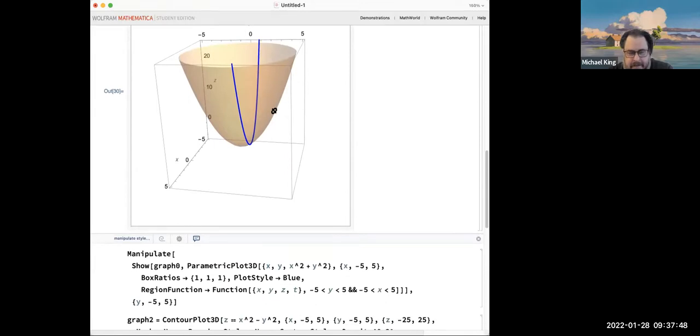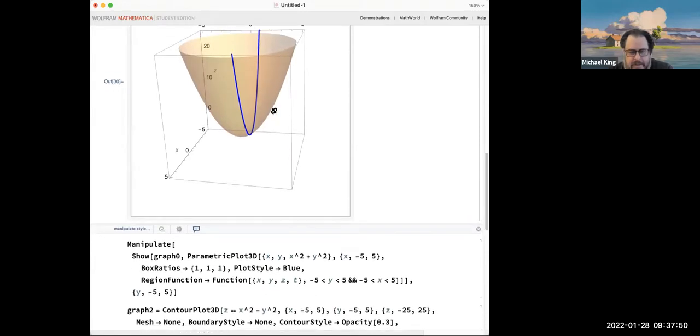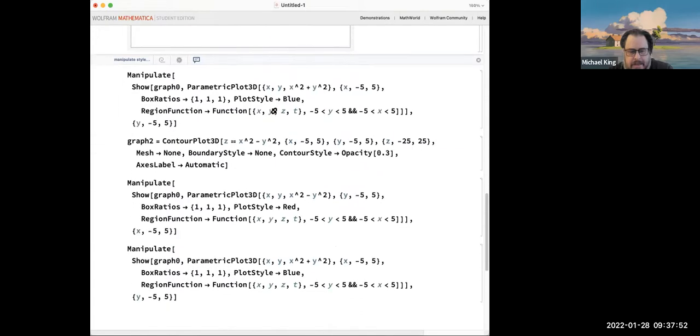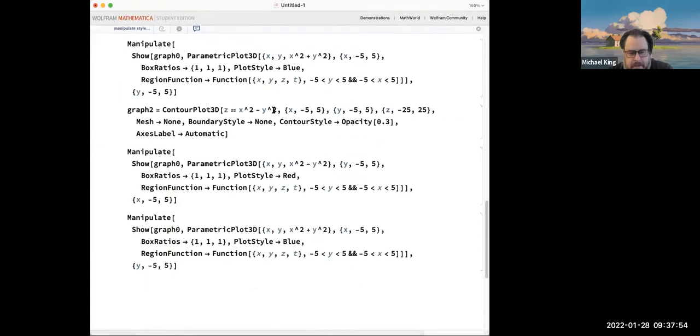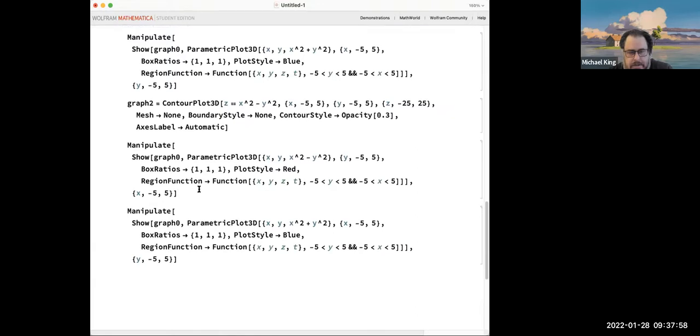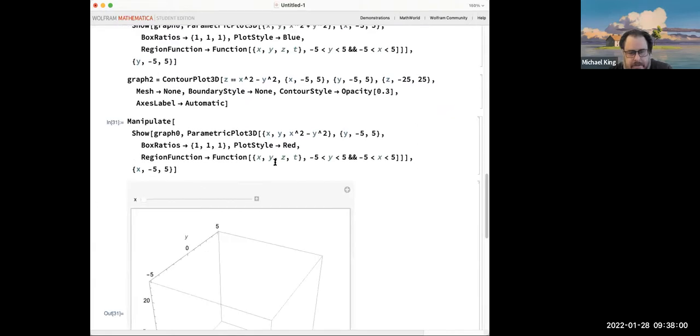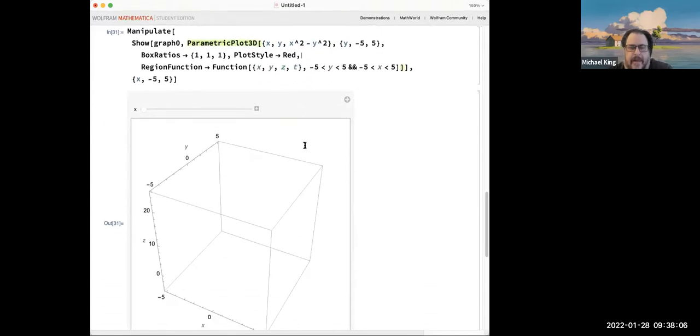Let's think about another example. Instead of X squared plus Y squared, let's look at X squared minus Y squared. So let's see if I did this. So now I have X squared, again, don't worry too much about all this index, but I now have X squared minus Y squared there instead of X squared plus Y squared. So now this is X equals constant cross sections, right?